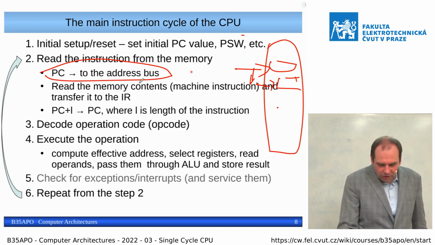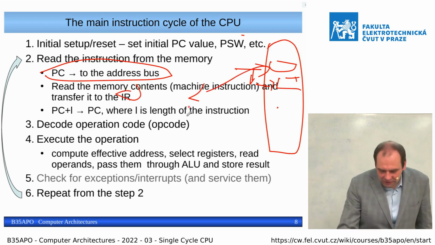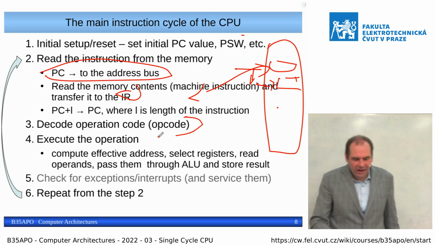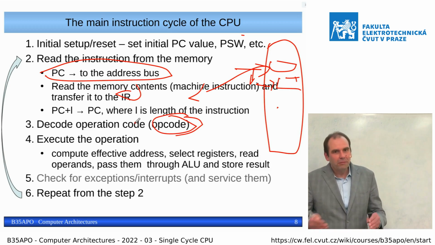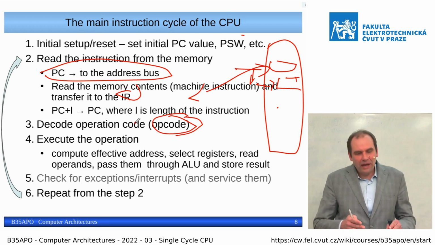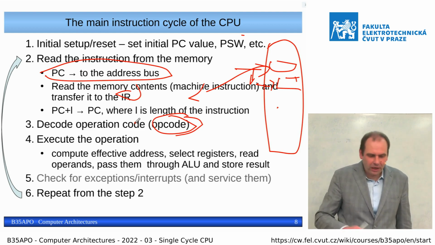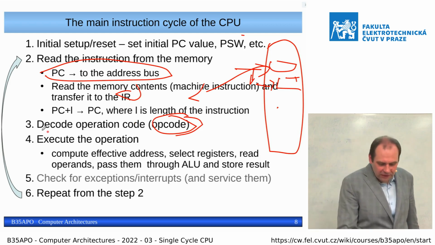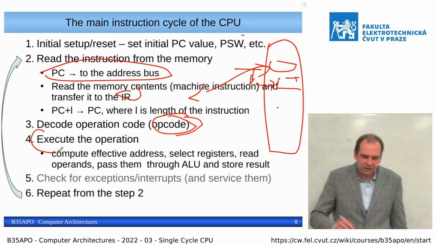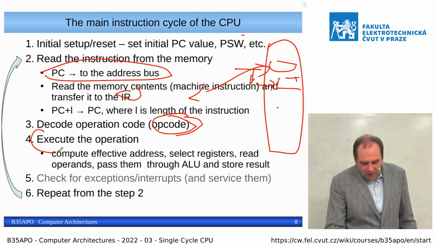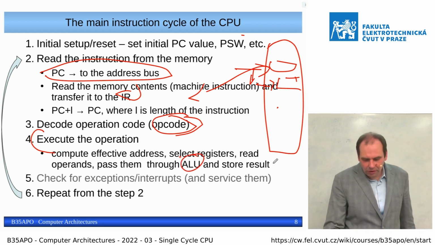We store the contents which we have read from the memory to the instruction register and decode this value, and the first thing we need to find is the operation code. The opcode basically encodes the number of the operation in some list. So we have one number for addition, subtraction, and so on. Then we need to execute the actual operation, which usually means taking the data from the registers, passing those data through the arithmetic logic unit, and then storing the results somewhere.